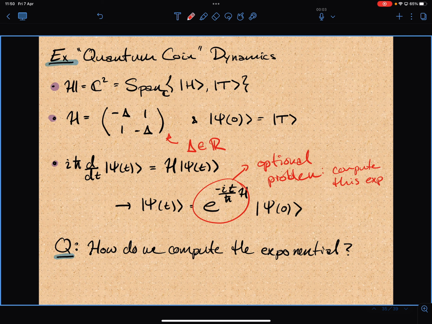And really, the real question that we want to answer is, what's the probability that the configuration at time t is equal to tails at time t? So this is what we're trying to compute. So these are optional problems for you to work on, but I'll do this computation on Monday. That's class.